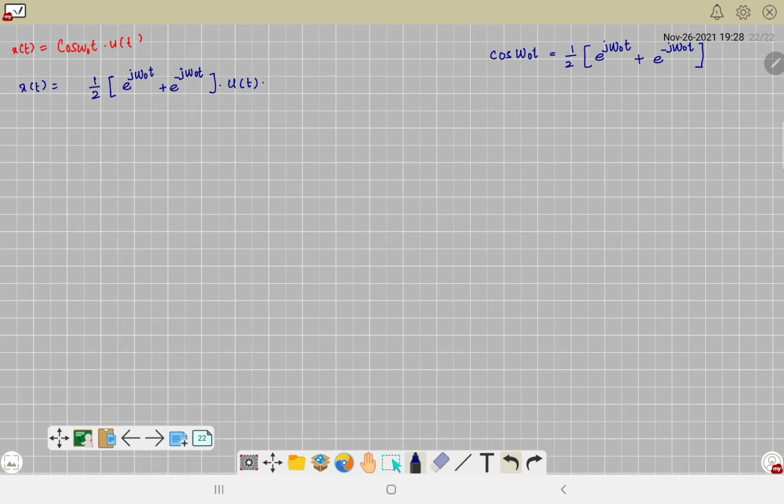So if I have to find X of s, it will be 1/2 taken outside, integral 0 to infinity because of u of t, and internally it will be e raised power j omega naught t plus e raised power minus j omega naught t, times e raised power minus st dt.